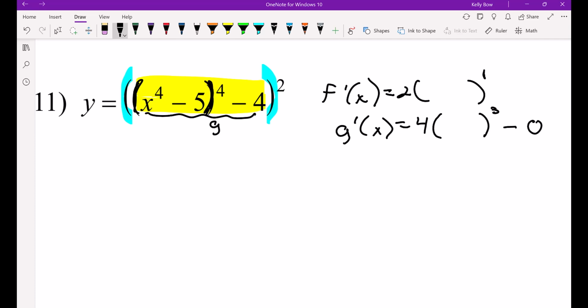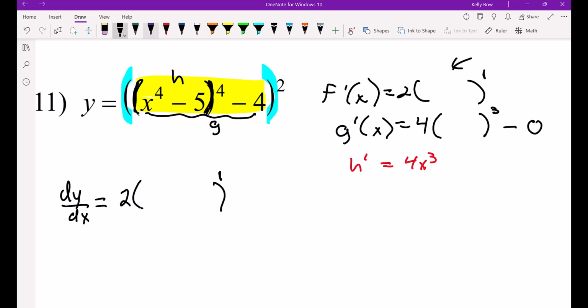Here's the derivative of f, here's the derivative of g, and then this inner function is h, and that derivative is 4x cubed. Okay, so dy dx says we're going to take the derivative of the f function, so 2 parentheses to the first power.